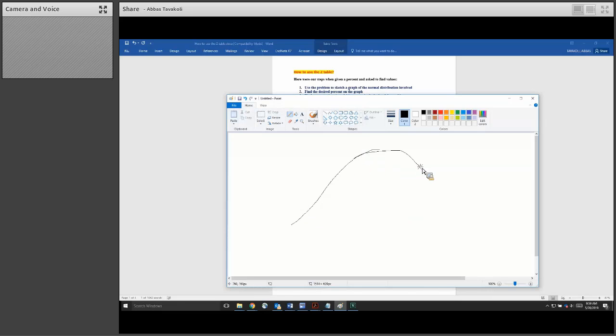This is our bell shape, the normal distribution. The center is 0, and here are all your positive z values and all your negative z values. That's how the table is created, and the whole area under this curve is 1.